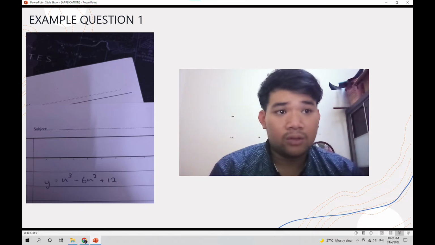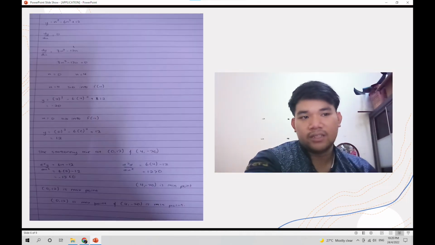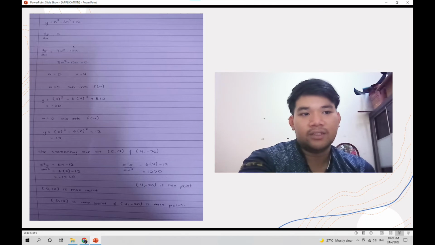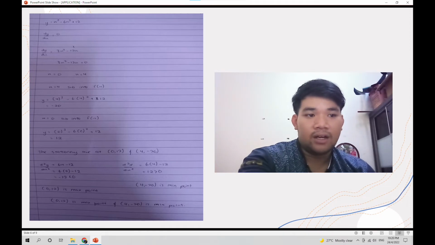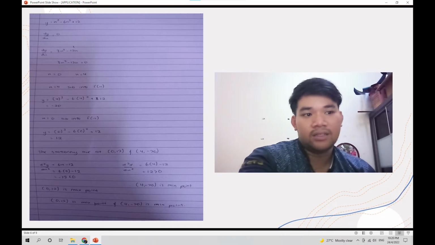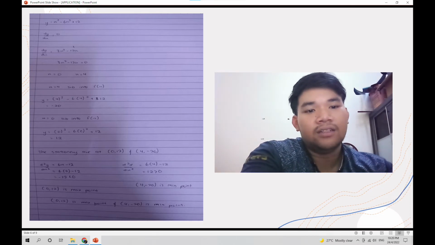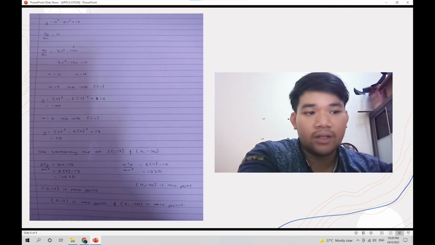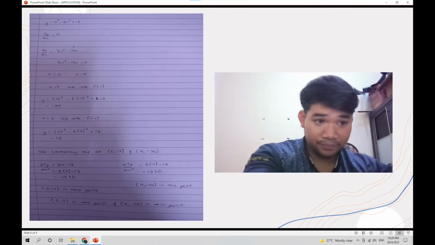14DEM21F1010. Now, I will answer the question that has been given. Firstly, we must differentiate the function. dy per dx equal to 3x squared minus 12x. After that, we must factor the answer that we have. We can get x equal to 0 and x equal to 4.